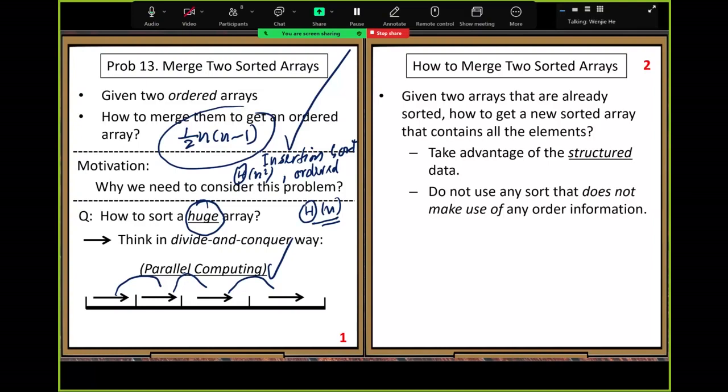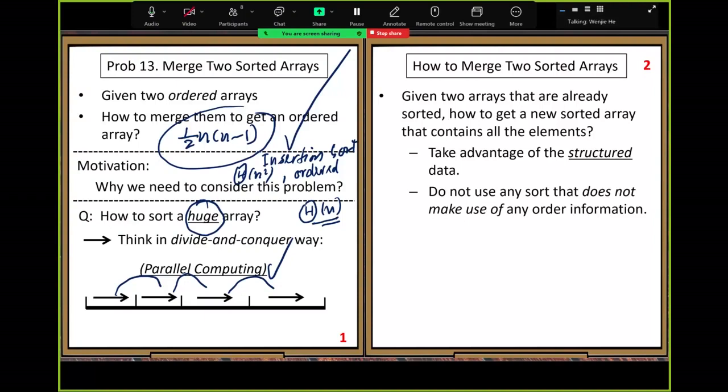So what we are going to do, basically, we need to start from the insertion step, because the insertion step can help us take advantage of the ordered data property. So now, let's recall our insertion step, because we want to modify the insertion step to do our merge operation.